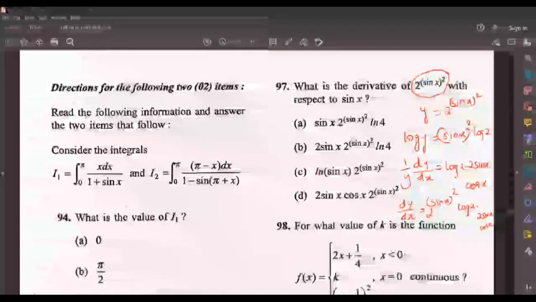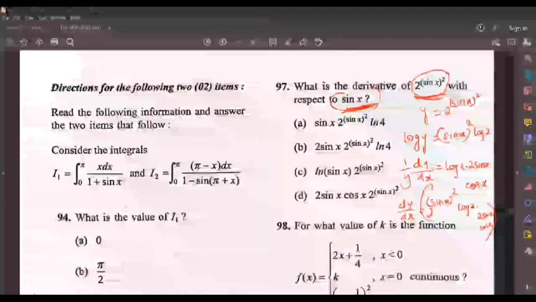Okay. Now what I need to take is the derivative of this with respect to sin x. What is the derivative of sin x? That is cos x. So I have to just divide this derivative by the derivative of sin x, that is cos x.